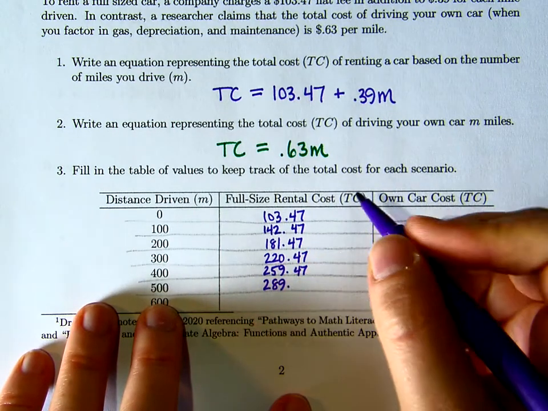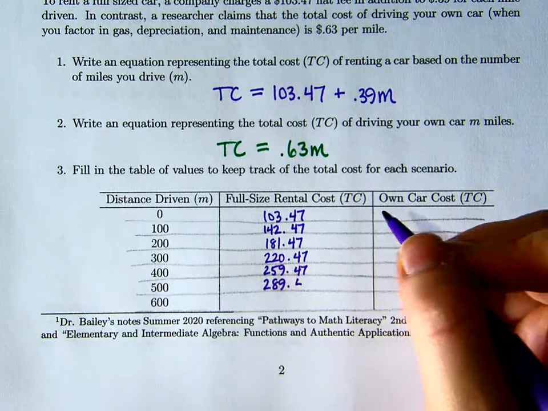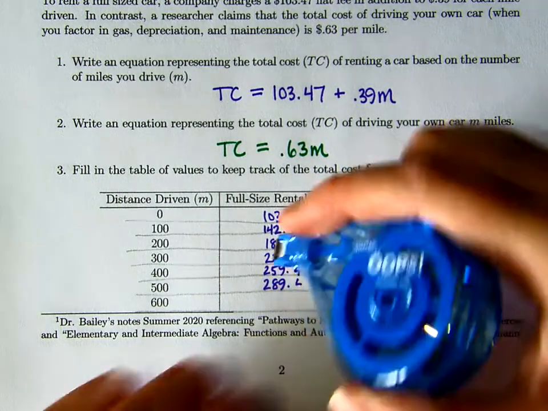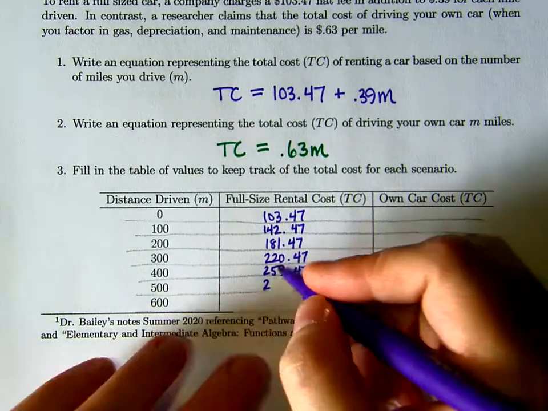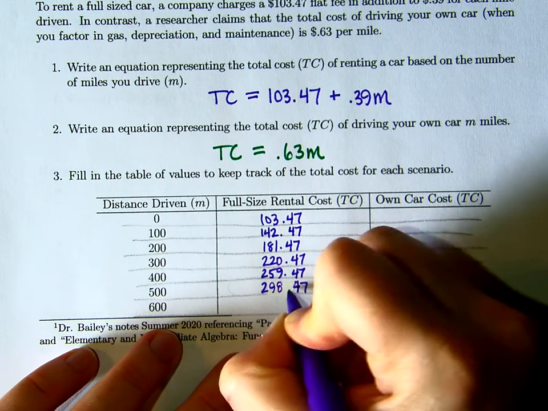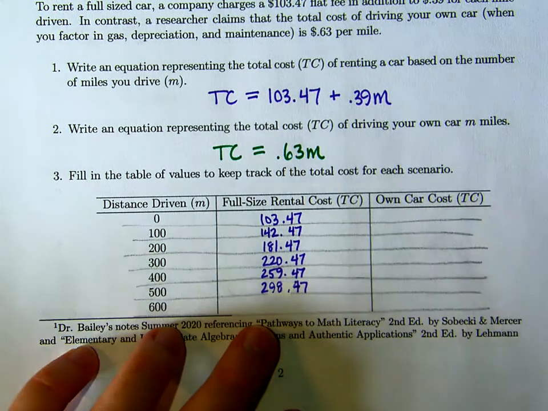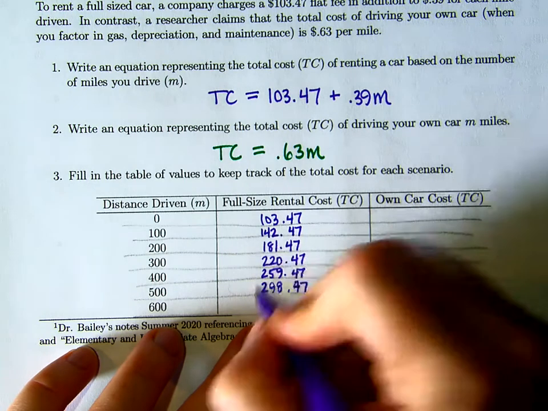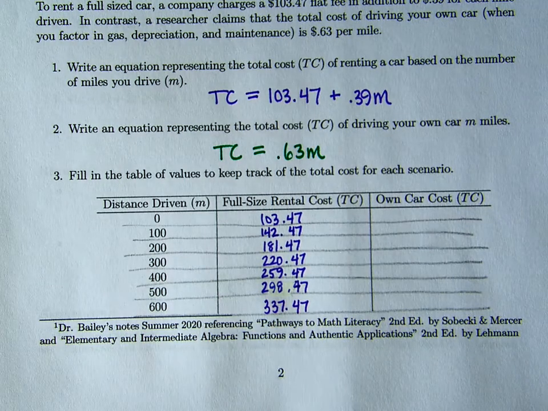That would cost $298.47. Got it. Transposed my numbers there for a second. And if we drive 600 miles, $337.47. Okay, and that's for rental.